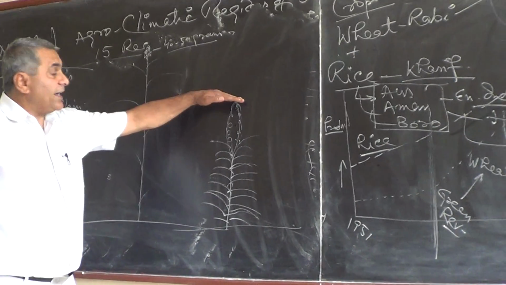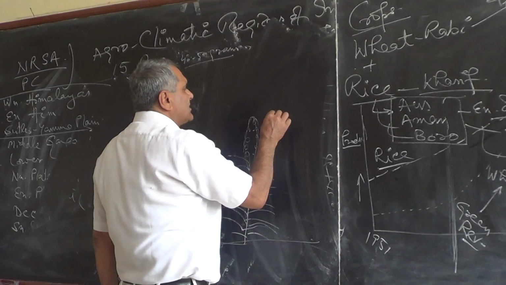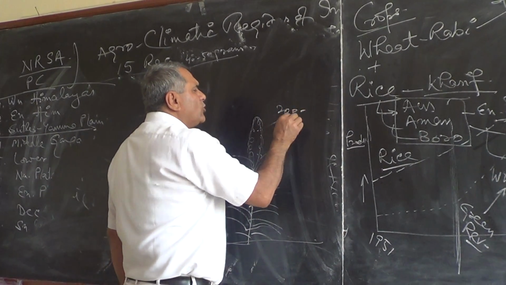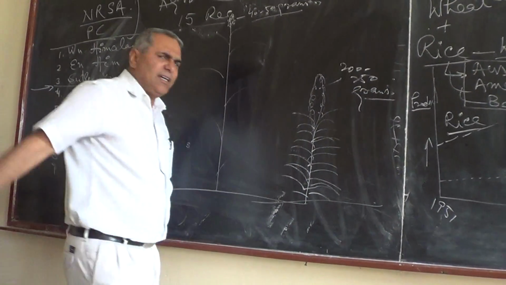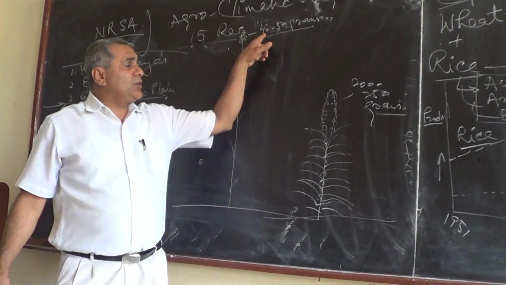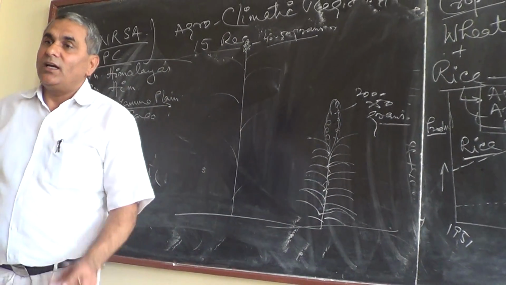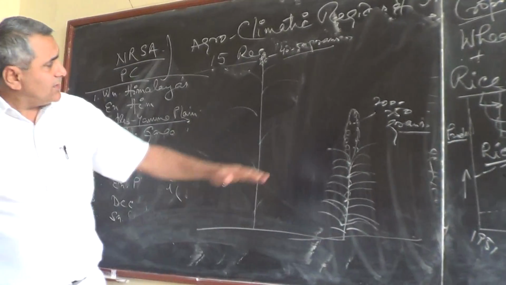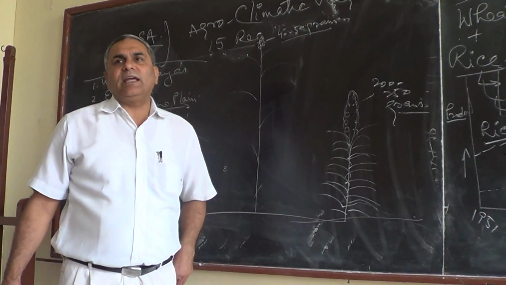Height is reduced. This is the dwarf seed. It has 200 to 250 grains, whereas every plant earlier had only 40 to 50 grains. We increased the number of grains in every plant five times. This is called dwarf seed. So these are the high yield variety seeds.